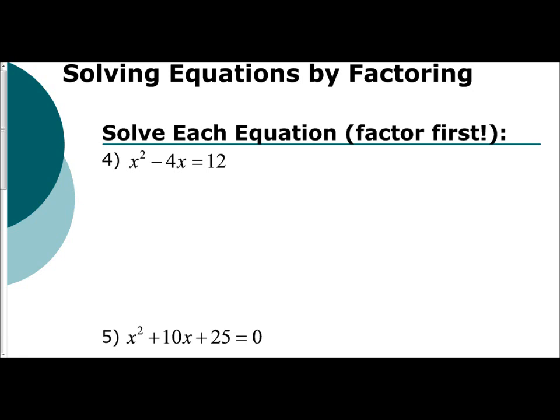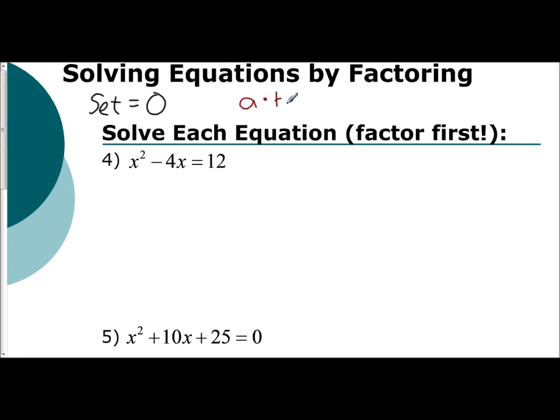Now, the bottom line, in order to solve quadratic equations in factored form, and we saw this in the previous video, is they have to be equal to 0. You need to make sure you set it equal to 0. And we saw in the previous video the reason why is you're going to have two factors.